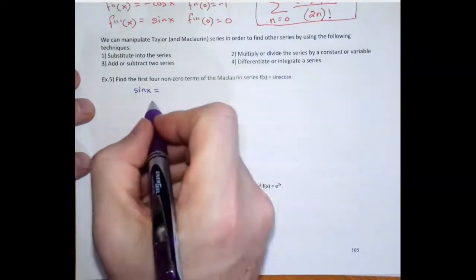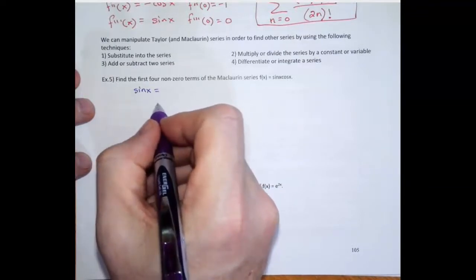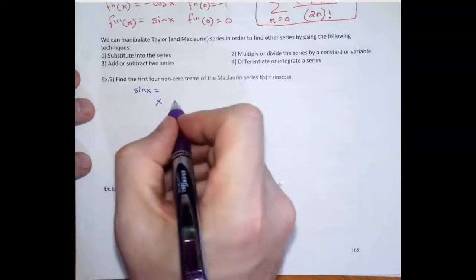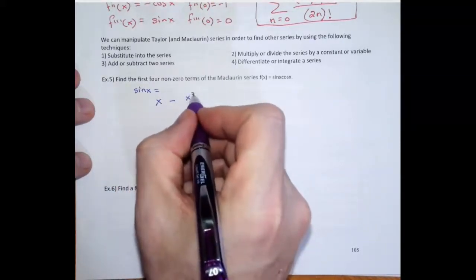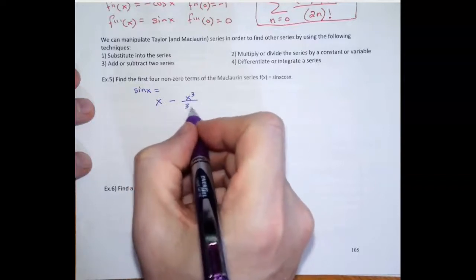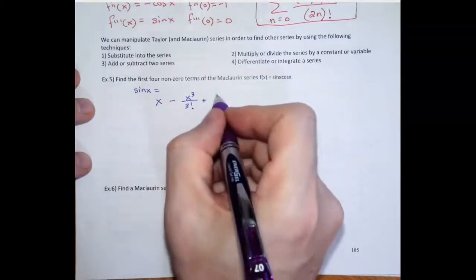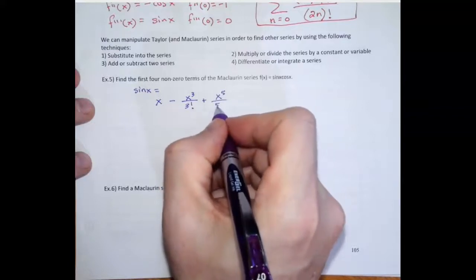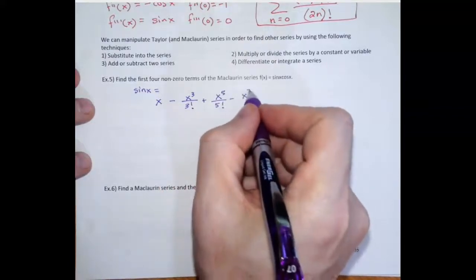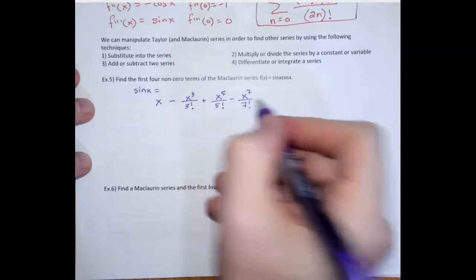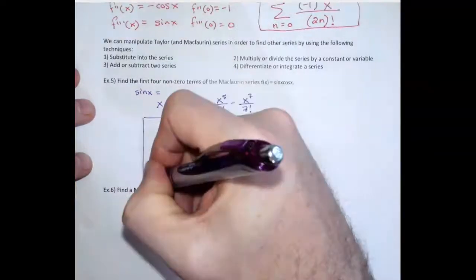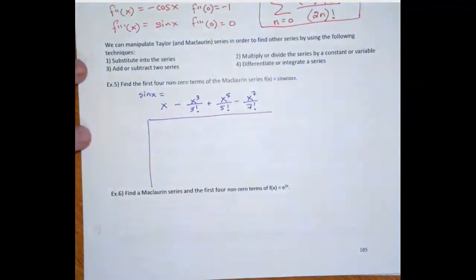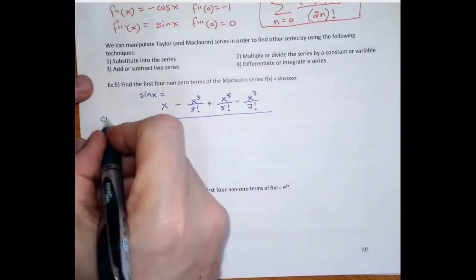So sine starts at 0, and then the first term would be x, and then we're going to alternate, so that's going to be minus x cubed over 3 factorial plus x to the 5th over 5 factorial minus x to the 7th over 7 factorial. So we want to memorize those like we talked about. Okay, now down here we could put cosine.